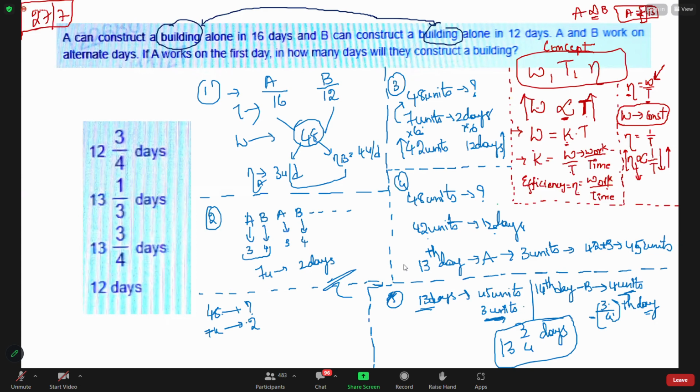I think I can give you one concept. I remember it vaguely. It looks something like this. Wait a second.